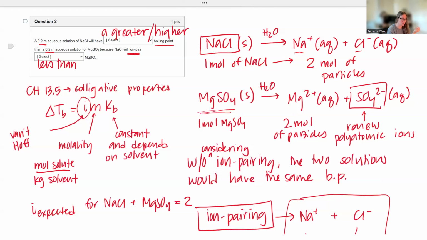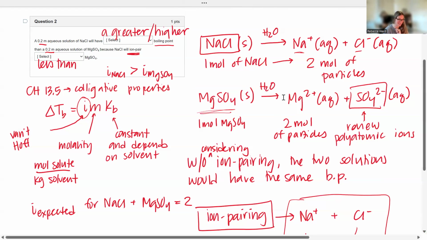The underlying thing here is that i of NaCl is going to be greater than i of magnesium sulfate, and that's because of the ion pairing. So again, a single sentence, and I can take 10 minutes to explain it, but hopefully you got something out of that one.